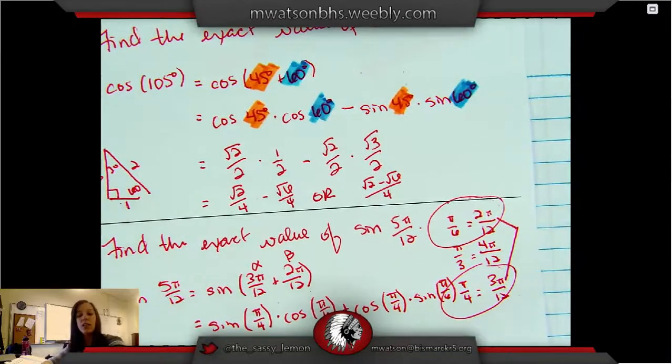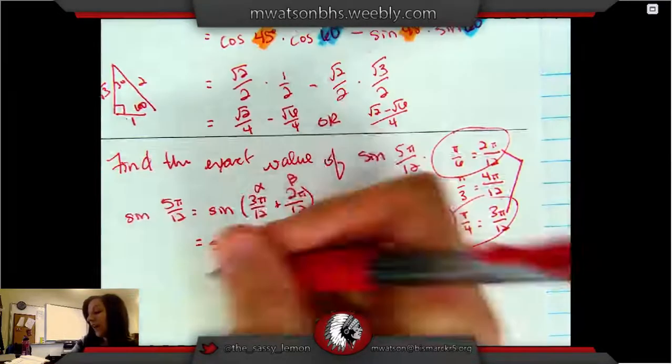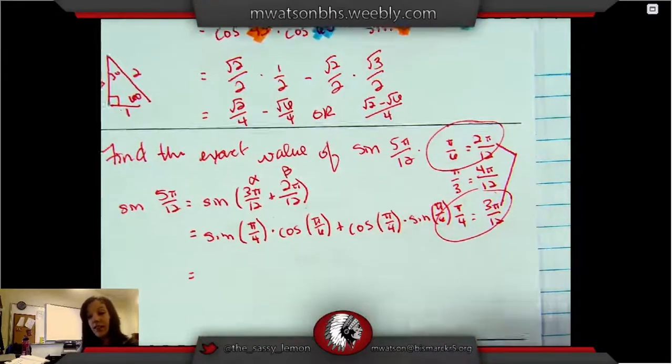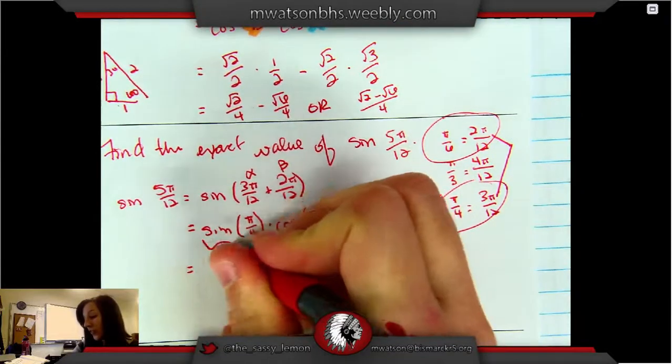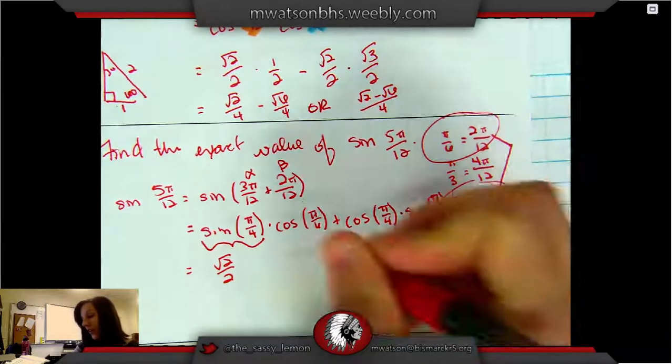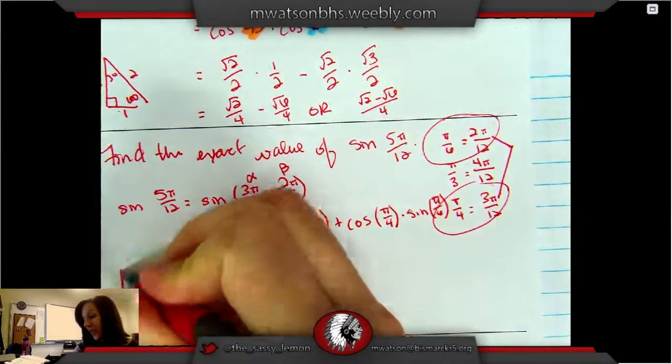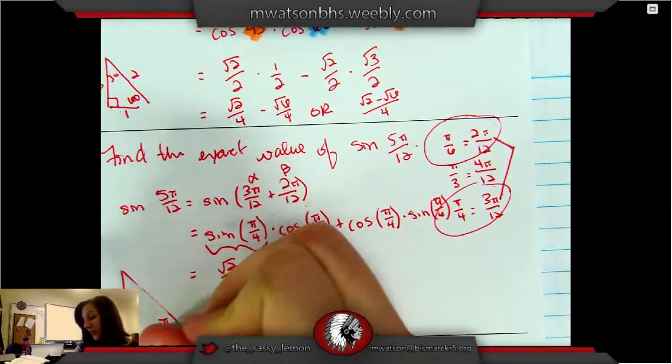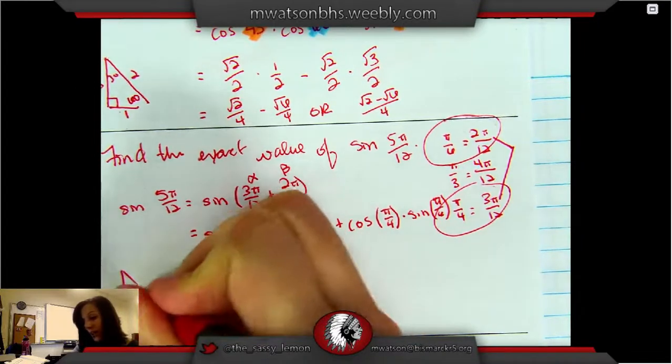So you can see the similarity between this and this is just a little bit more difficult because of the fractions. So now we actually find sine of pi over 4. That equals square root of 2 over 2. Cosine of pi over 6, I need to draw my triangle for that one. So here's pi over 6, here's pi over 3.